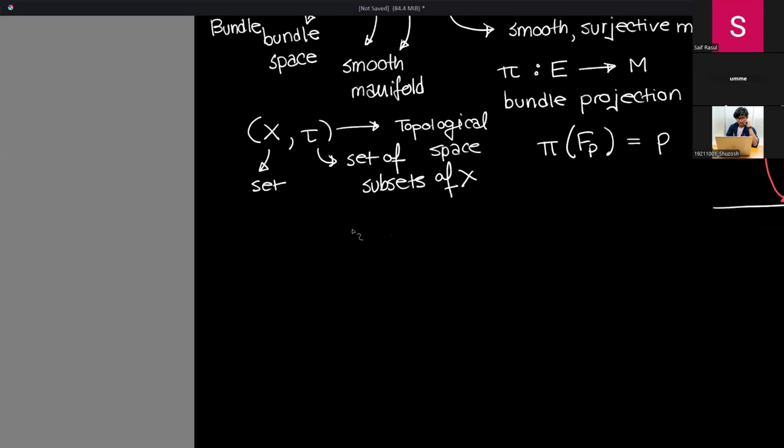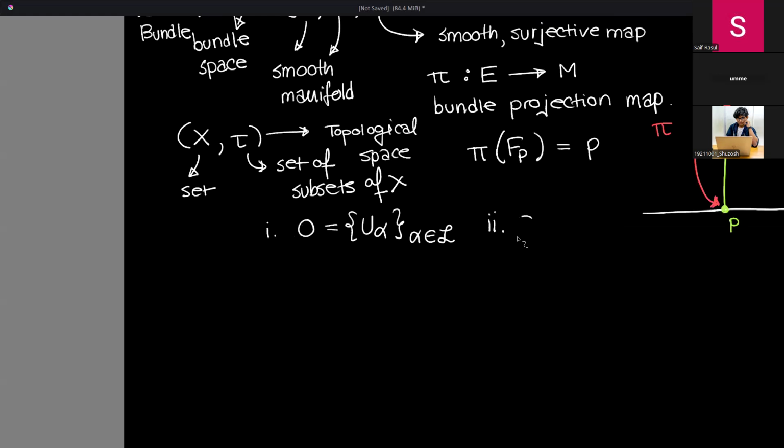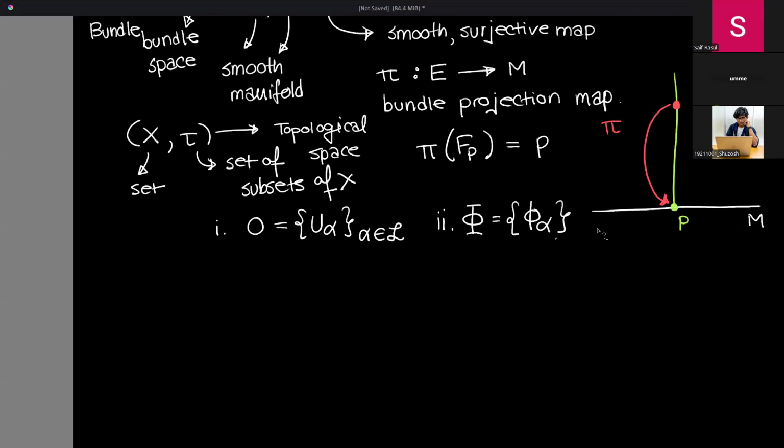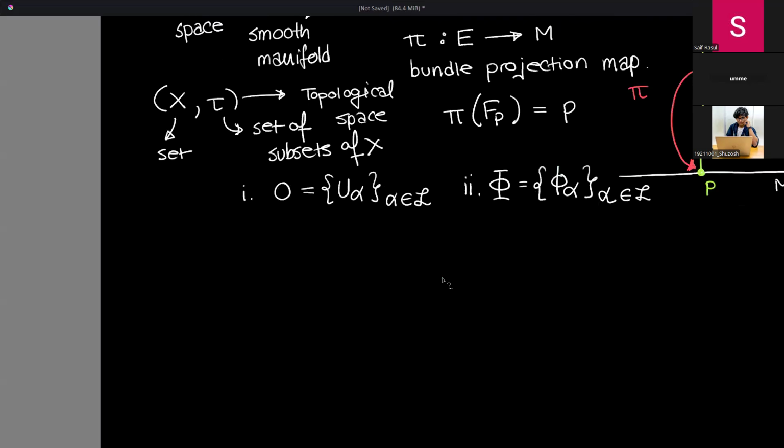So we're going to need two things. One is that we're going to need an open covering, O, which is equal to {U_alpha}, where alpha is an element of some index set. And we're going to need big phi, which is a set of maps, homeomorphisms, also alpha an element of some index set. So this open covering has to be an open covering of M, and we're guaranteed to have this because M is a manifold.